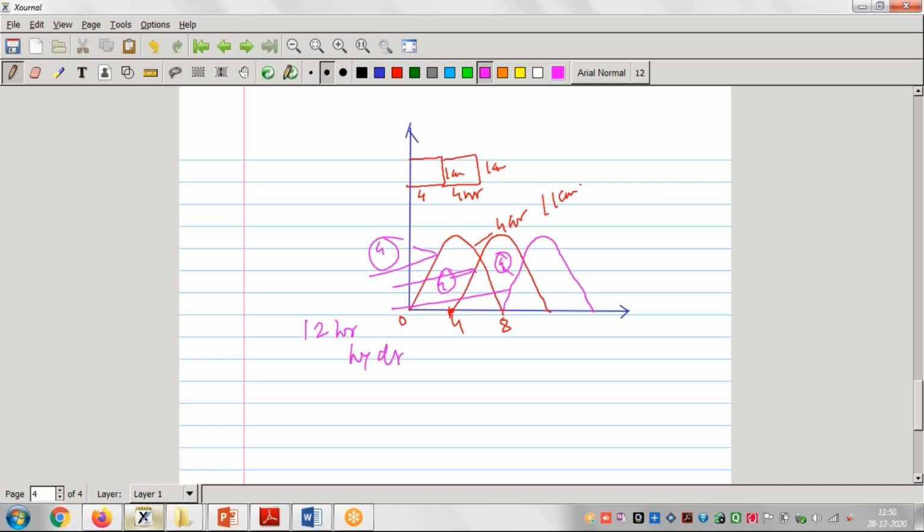But this hydrograph will be because of 3 centimeter rainfall, right? This is because of 1 centimeter rainfall, this is because of 1 centimeter rainfall, and this is also because of 1 centimeter rainfall.